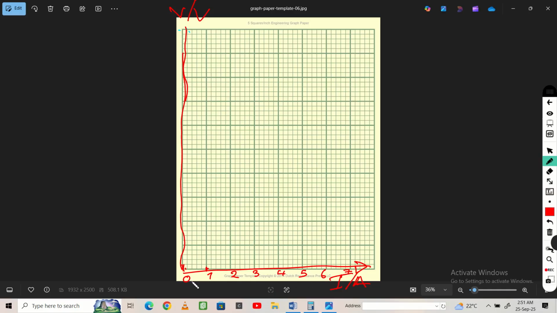Why are we saying this? Because the difference between 0 and 1 has to be 1, between 1 and 2 has to be 1, and between 3 and 2 has to be 1 unit. So the distance from here to here has to be 1 unit. Now the same thing goes for the other axis.